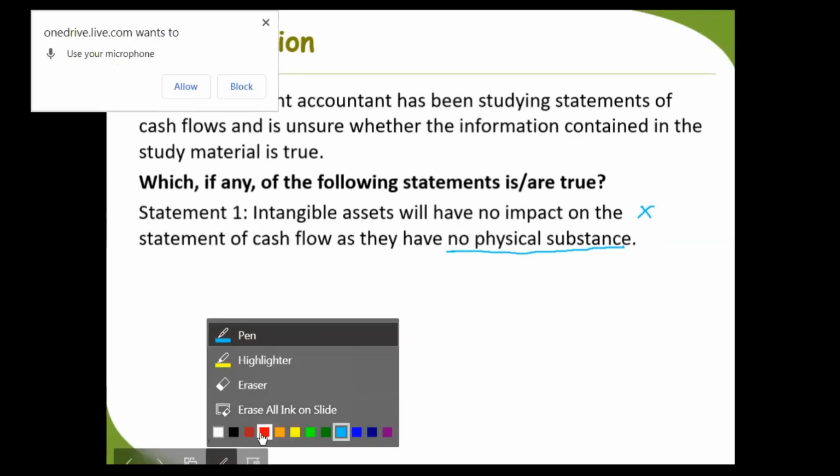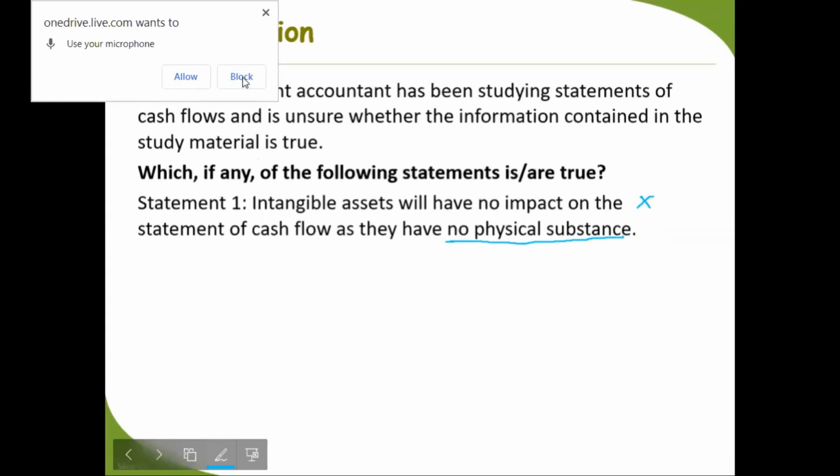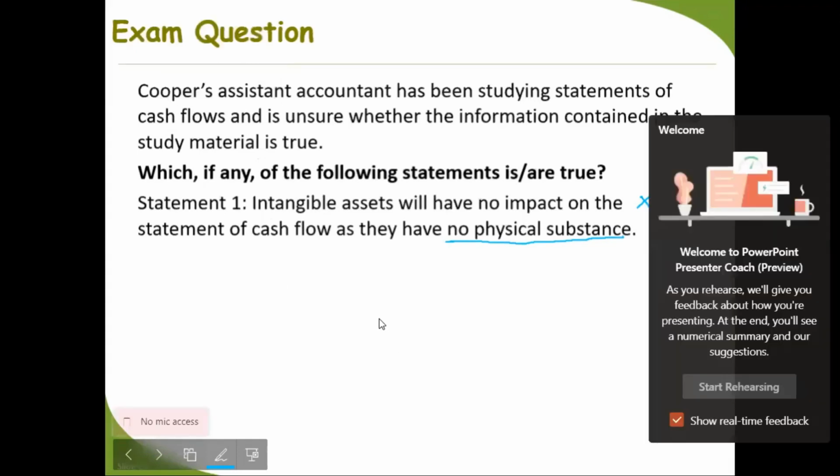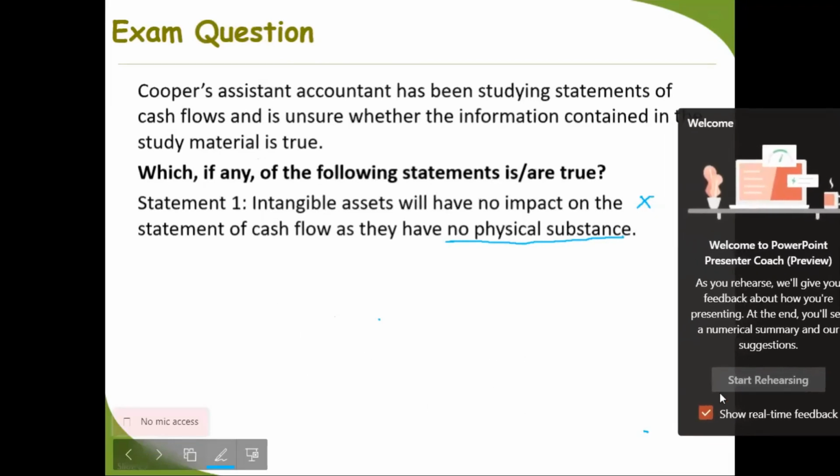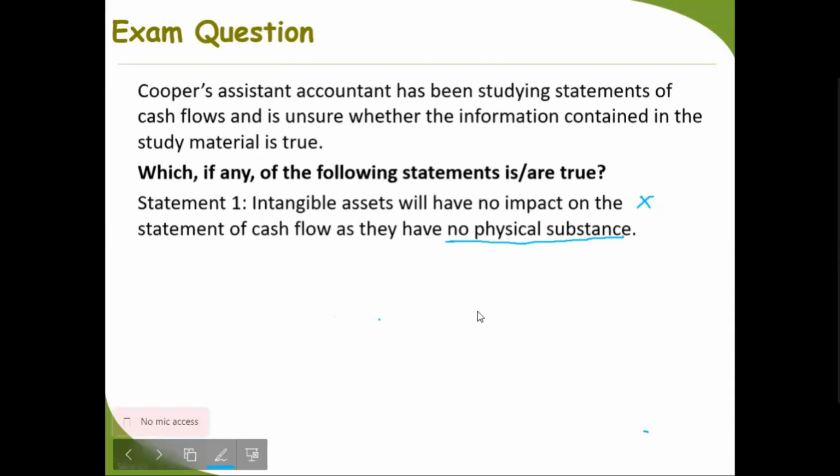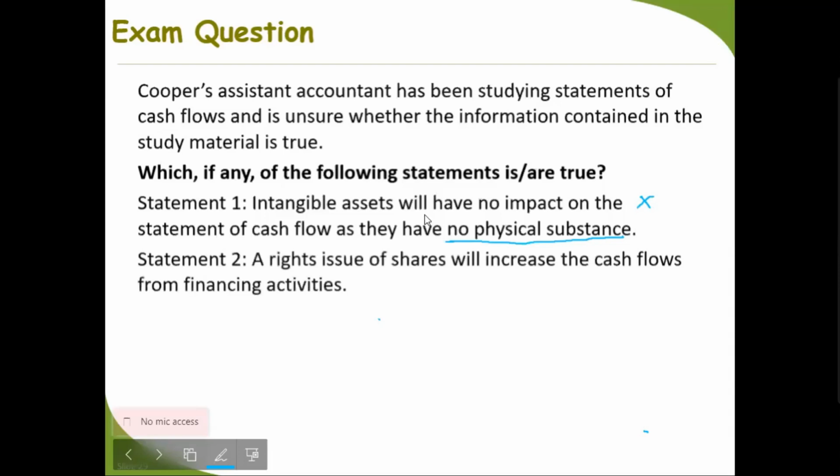Then statement 2: a rights issue of shares will increase cash flows from financing activity. Yes, it is a correct statement, because bonus issues are non-cash items.